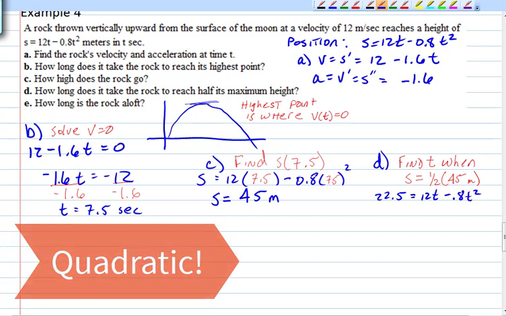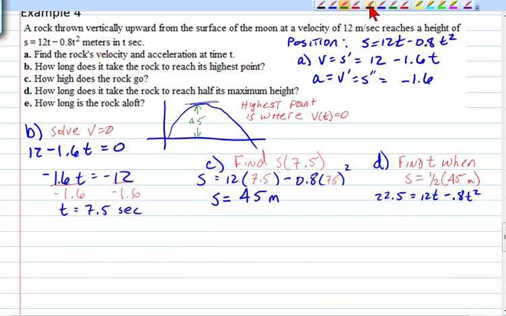What type of equation is this? This is a quadratic equation. How do we solve quadratic equations? Set it equal to 0, right? Good job. So this is going to be 0.8 t squared minus 12 t plus 22.5 equals 0.